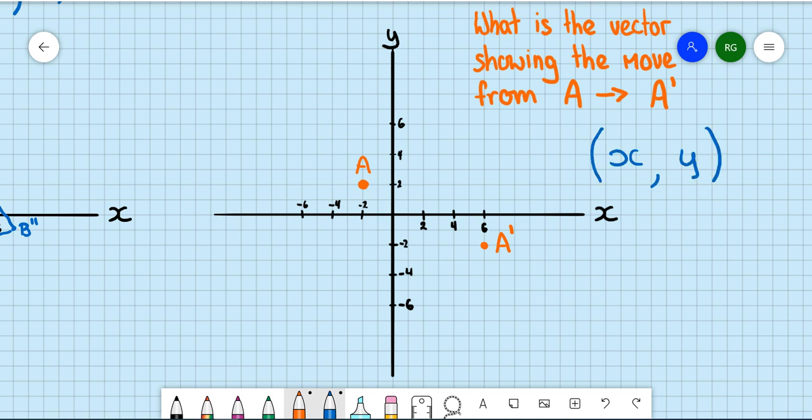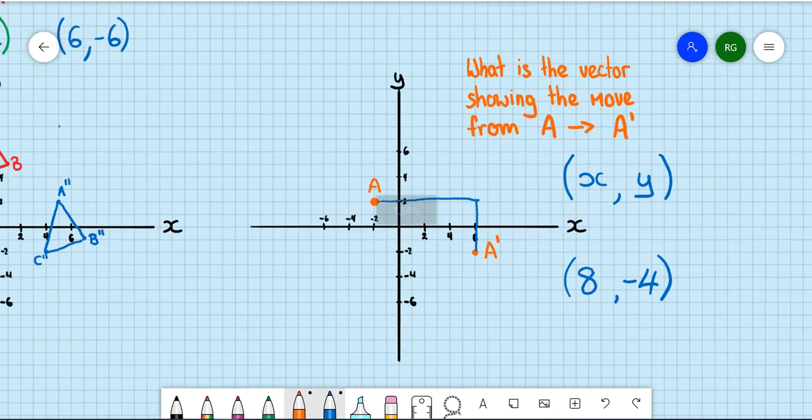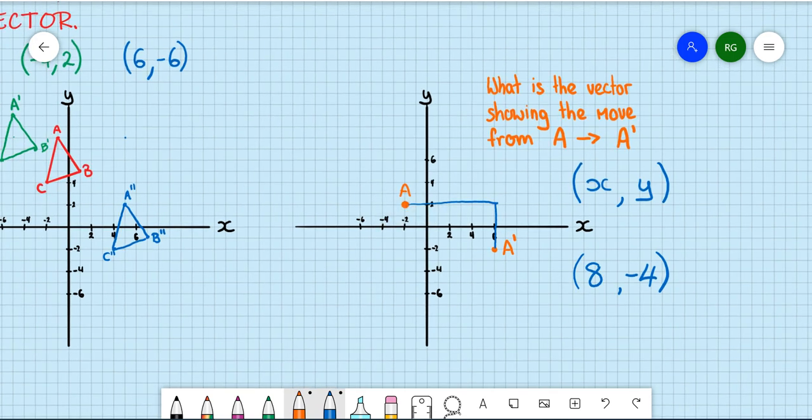We need to find out what x and y both are. We look at how far it moves in the x direction first. It's going along here, 2, 4, 6, 8 positions to the right, so it's +8, and then we're moving down 4 positions, so -4. So my vector in this case is 8, -4.